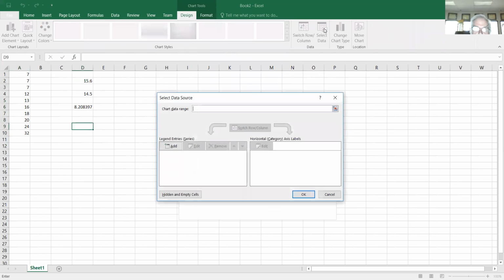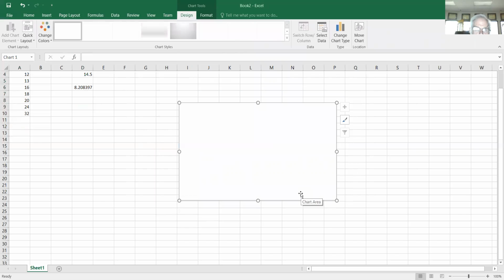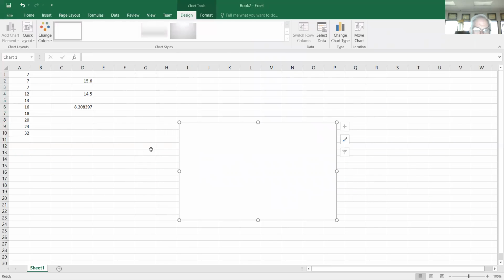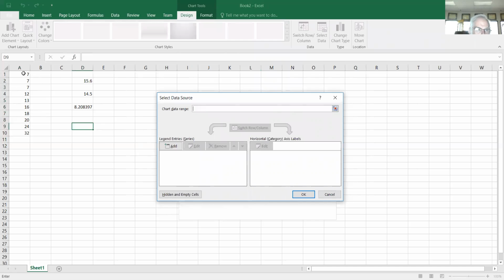All right, selecting the data. Our data range for the chart is again A1 to A10, okay? All right, that's not working. Selecting the data, okay?